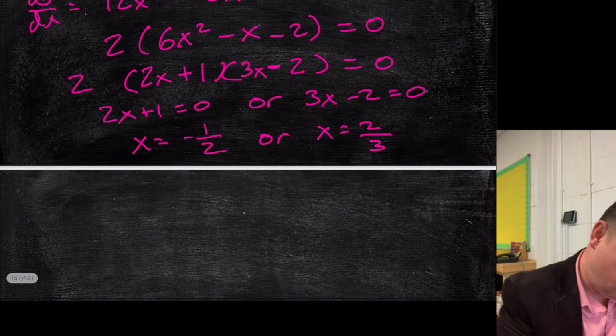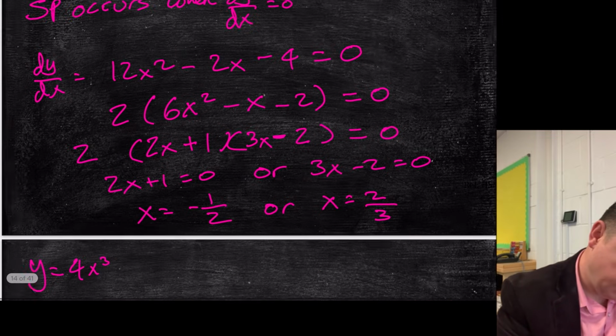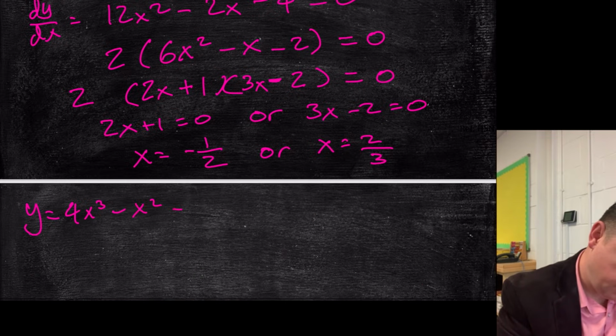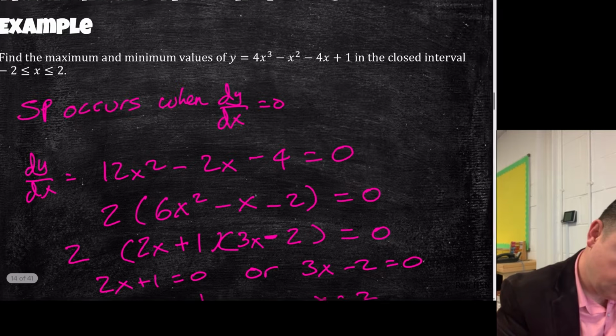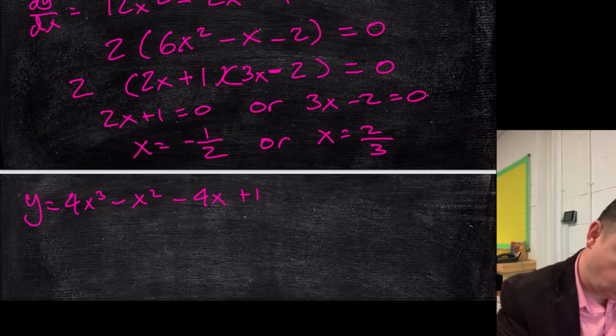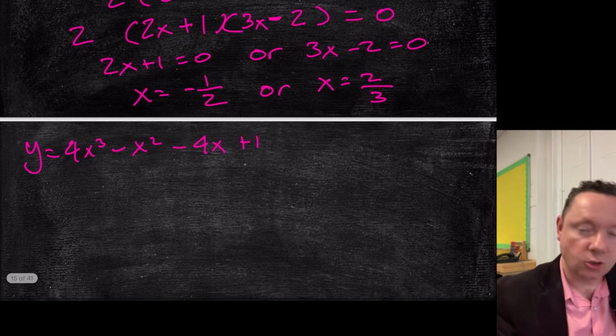y equals 4x cubed minus x squared minus 4x plus 1. We're going to check these two points, minus 2 and 2.